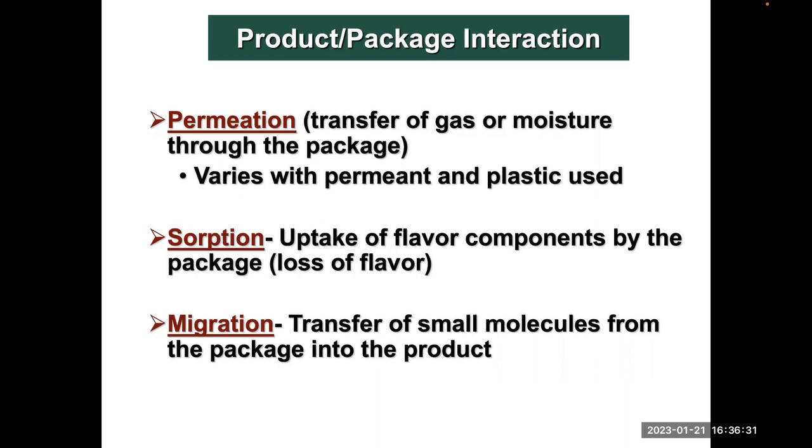When we talk about permeation, you have transfer of molecules, gas, or moisture, or volatile compounds, like flavor compounds from the product. They're going from either inside to out or outside to inside. That's what is permeation. So we talked about the pressure difference will determine whether they are going in or they are moving out.